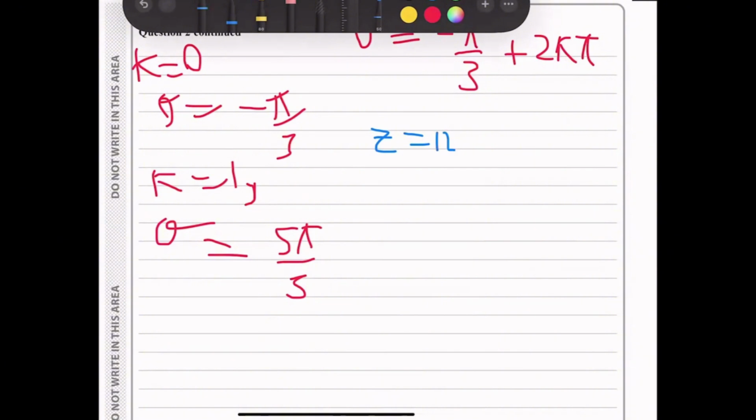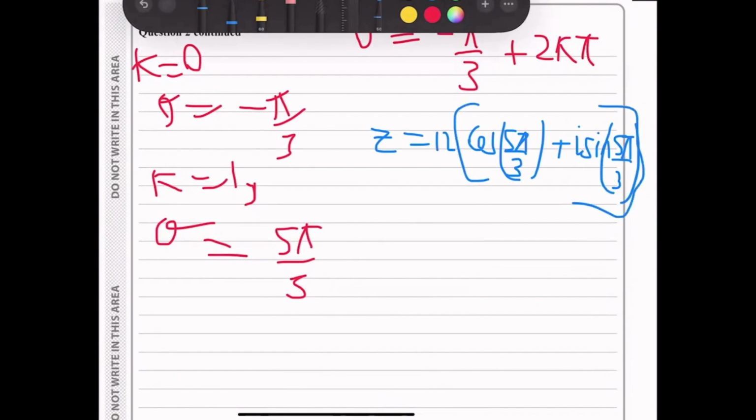So we have z equals 12 cos 5 pi by 3 plus i sine 5 pi by 3. That is z, not w. So there are two values for z.